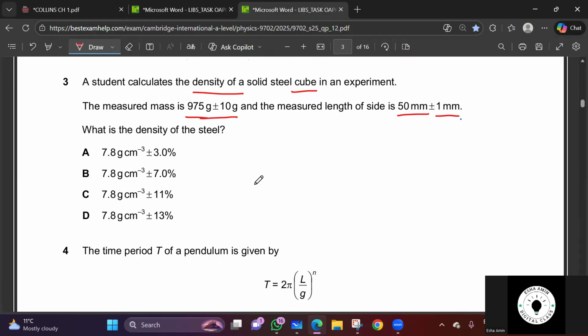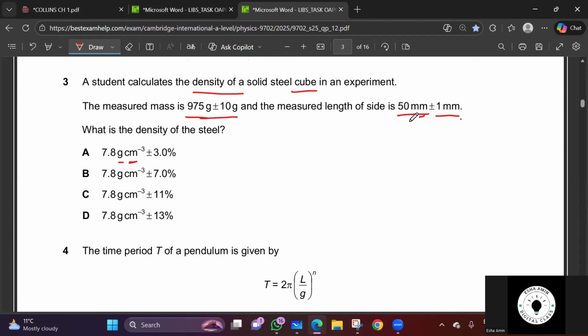First you have to find what is density. The most important thing is the unit. See, the unit is gram per centimeter cube. That means you will convert this length from millimeter to centimeter.